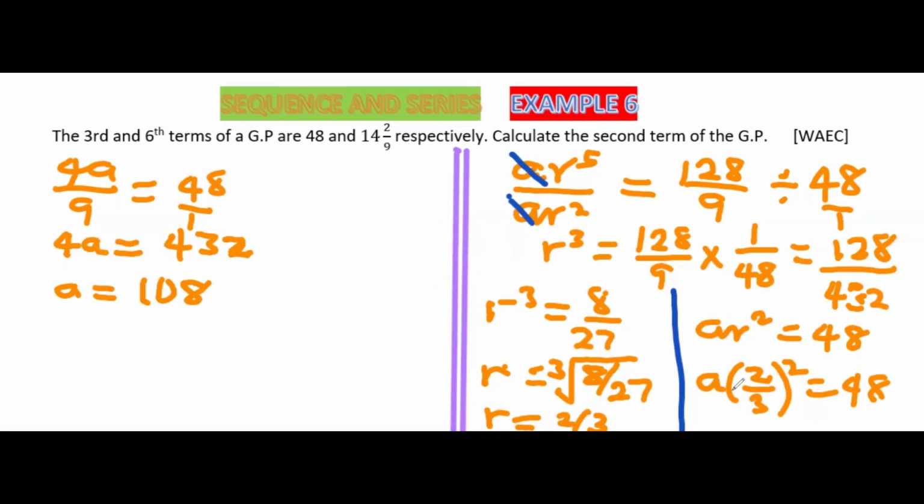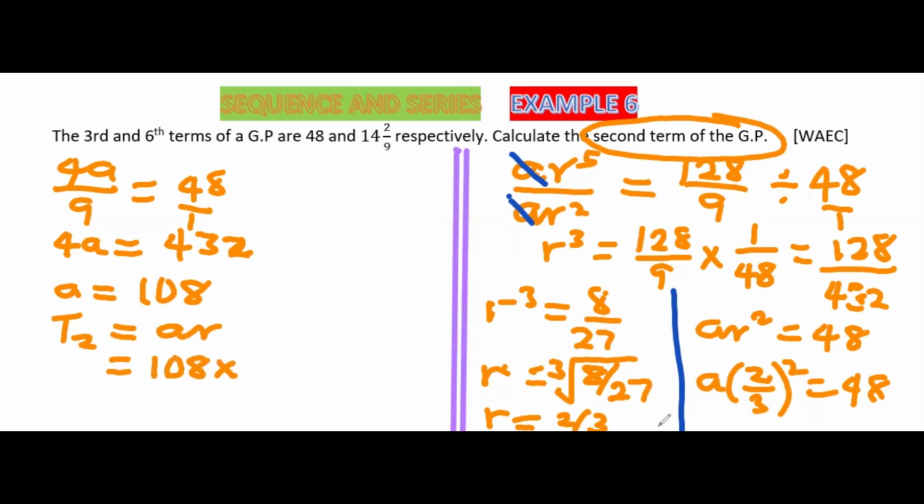Hence, to get the second term of the GP, the second term, which is T2, equals ar. And that is a, 108, times r, our common ratio, which is 2 over 3.